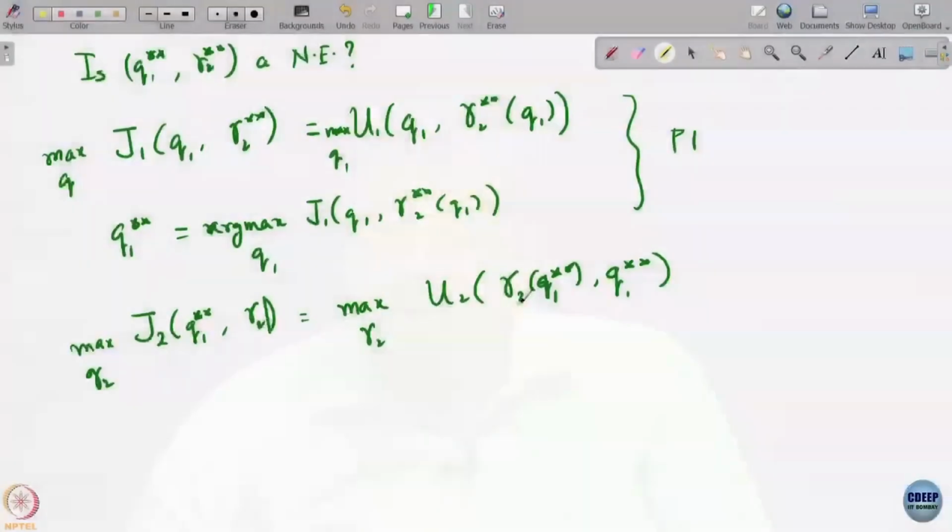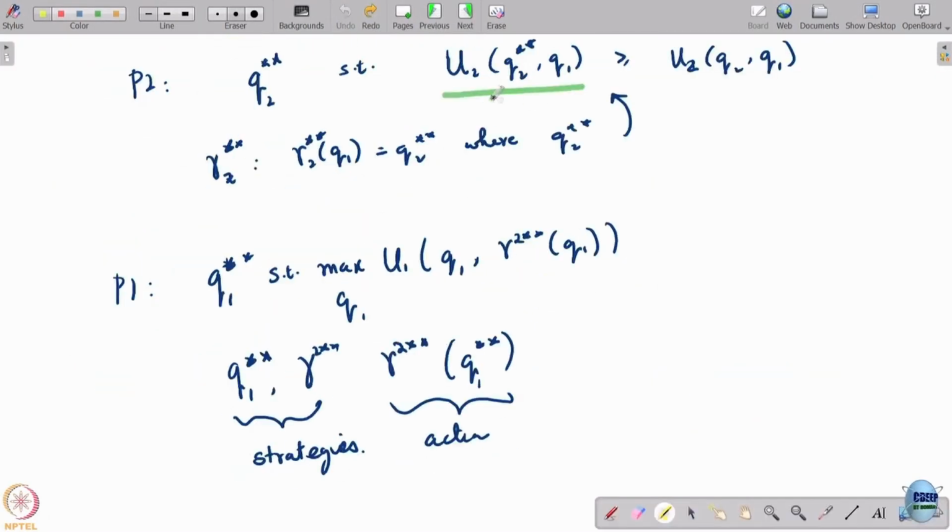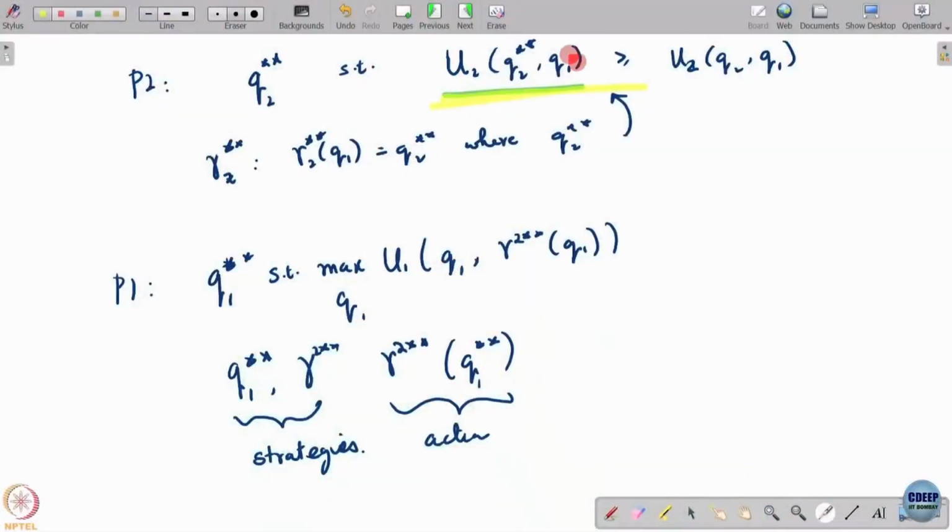So let's take this very carefully. Remember, gamma 2 star star was derived by maximizing a different expression. It was derived by maximizing this expression, and here you have Q1, not Q1 star star. Which means gamma 2 star star was the function that maximized this U2 for every value of Q1, because as a function of Q1 we wanted to find the maximizer.